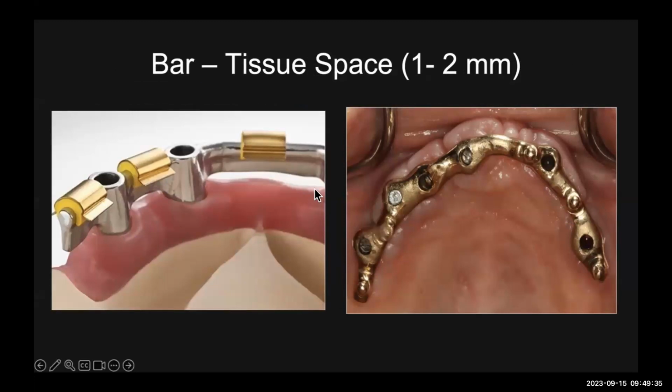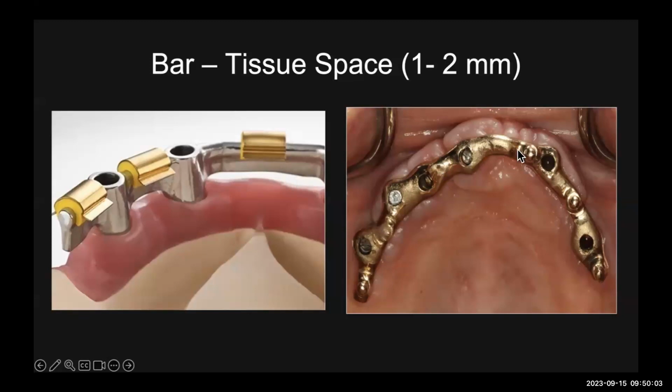I see a lot of these bars, especially in the maxilla. Why? Because with the bar, you need a lot more room. We know that you need upwards sometimes of 15 millimeters of restorative space for a bar, but you always have to have 1 to 2 millimeters below the bar so that it can be cleansable. So what do we see? We see these bars that are basically countersunk into the soft tissue.